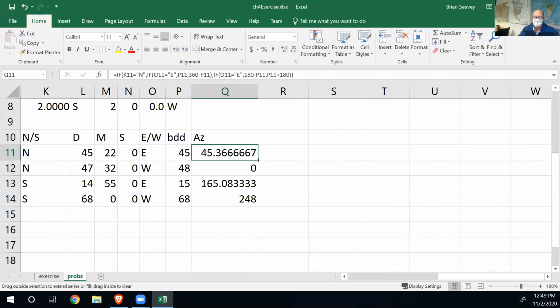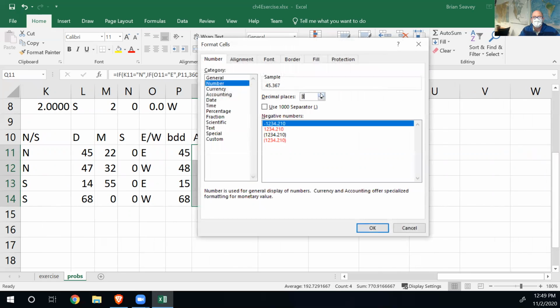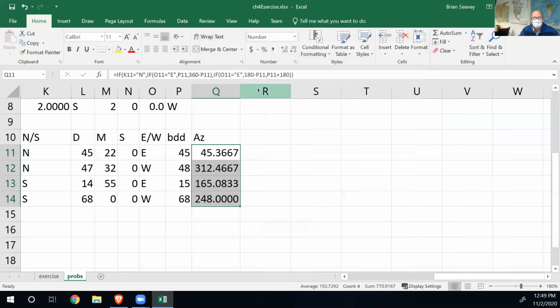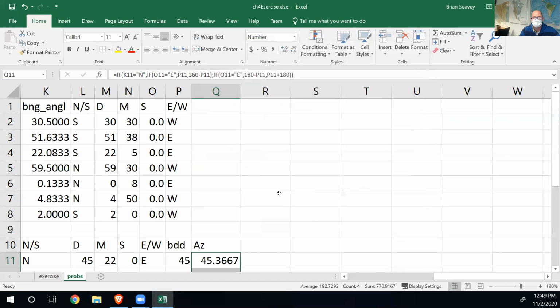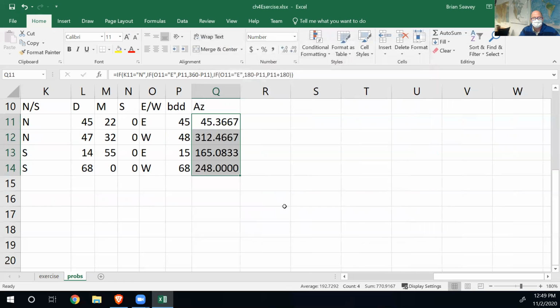So now I fill that down. And it looks like everything's pretty good. Looks like that's what I need. Let's change all these to not too many decimal places. Our last number, I got 112.